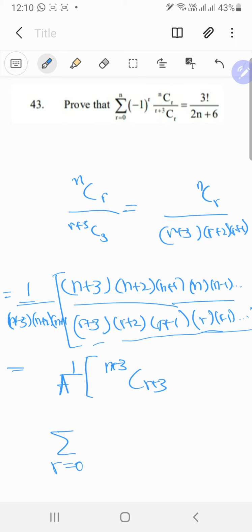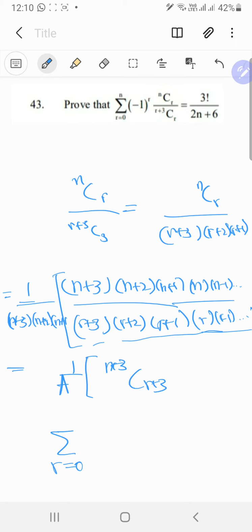Wait, there's a problem with this thing. When you put r equals 0 over there, r+3Cr turns out to be 1. But r+3, r+2, r+1 is going to turn out to be 3 into 2 into 1, which is not what we wanted. That kind of doesn't make sense. Okay, so that's a problem.